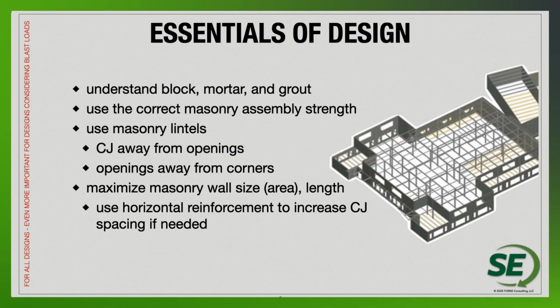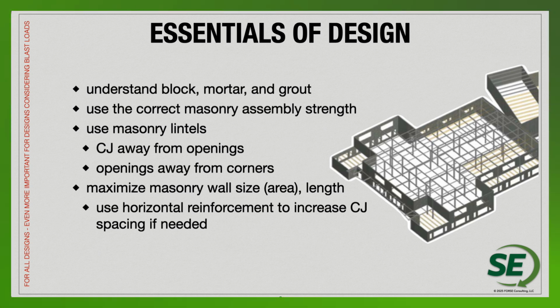If you do have openings, what should be used for covering that opening? How should we be spanning above the opening? Using masonry lintels is going to be a very important part of efficient masonry design, and I think some things are essential for being able to handle high and significant load situations.